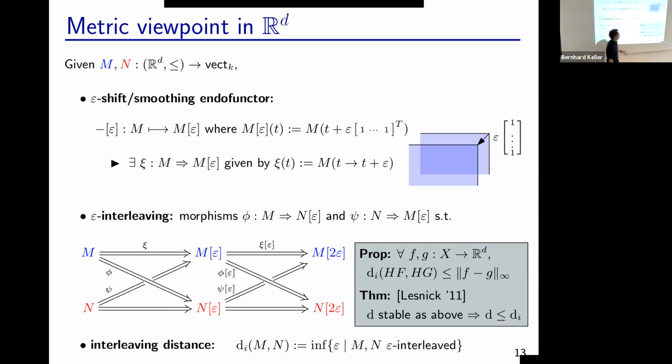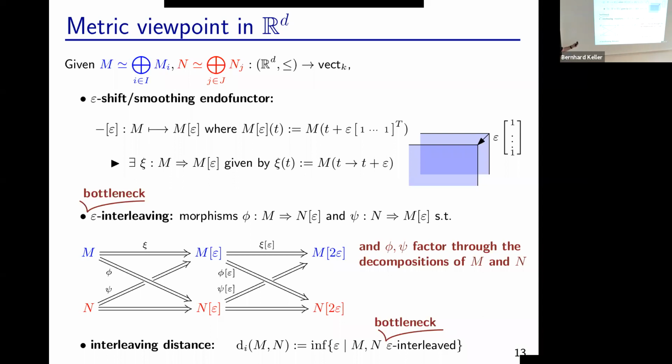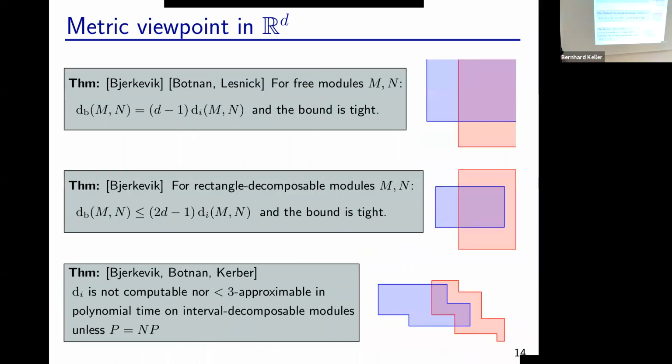Now, as before, the interleaving distance defined this way gives you stability, and it's still universal among all the distances that give you stability. The bottleneck interleaving distance is defined exactly in the same way. And again, because for bottleneck we're adding more constraints, the interleaving distance is smaller than the bottleneck distance. Now, do we have equality? No, we don't. The answer is no, unfortunately.